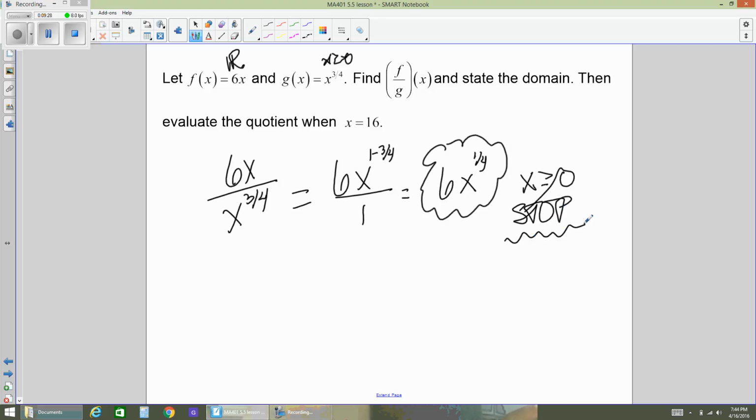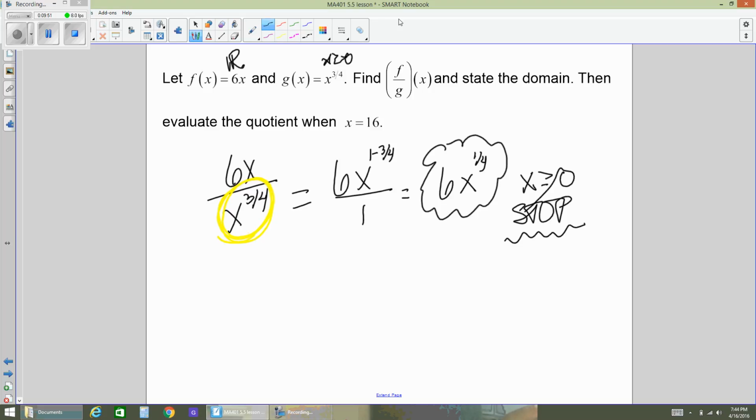because right here you had an x in the denominator. Well, when you have an x in the denominator, that means you might accidentally make the denominator equal to 0, which remember is a no-no. So what number could you put in the denominator to get a 0? Well, this one's easy. It's just 0.